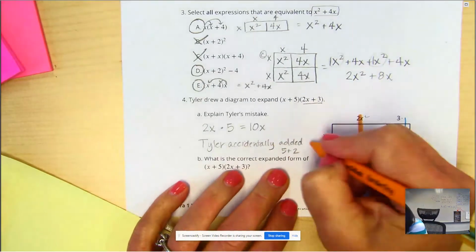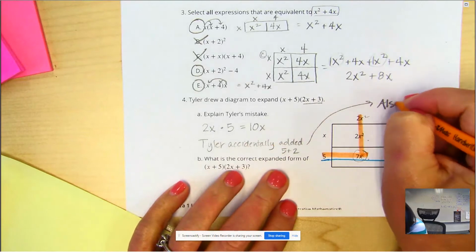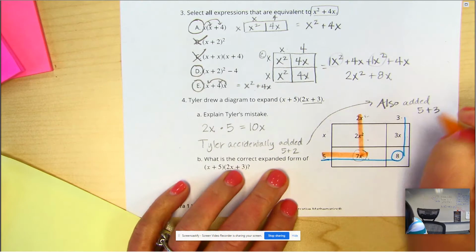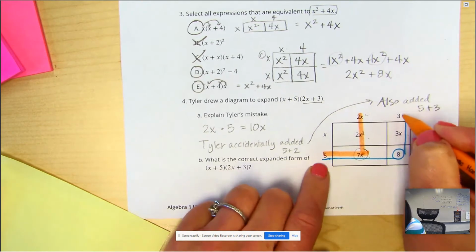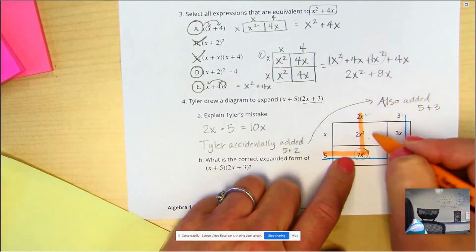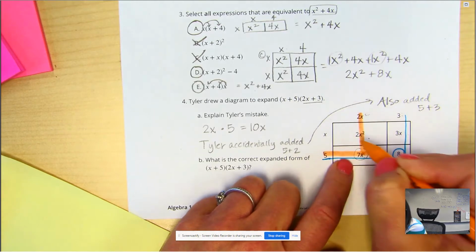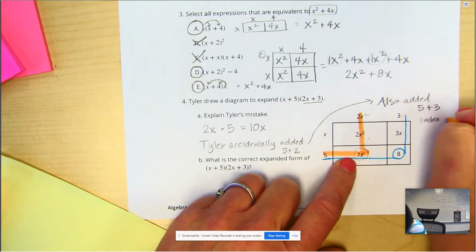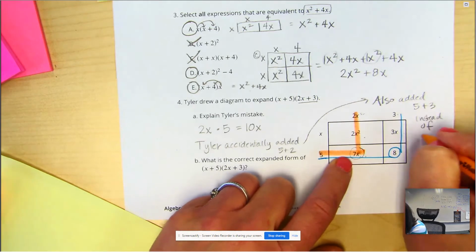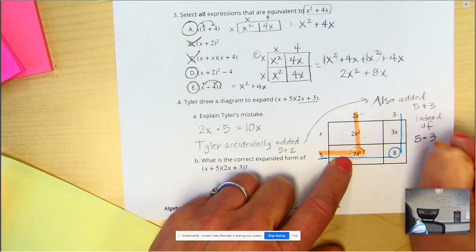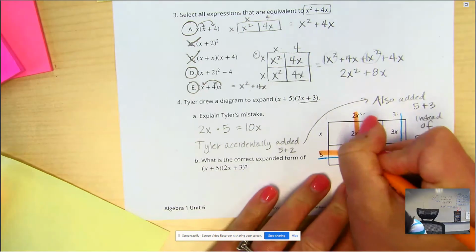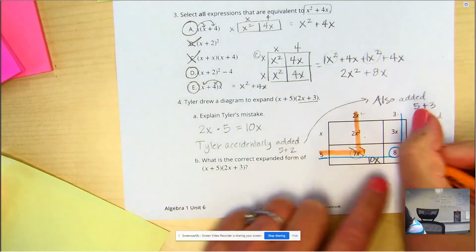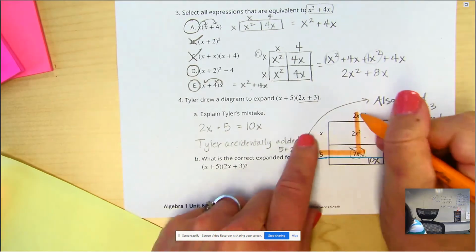So he also added 5 plus 3. So remember, this is the act of multiplying. Think of area. And then when you write the expression, you're putting all of these in one expression, adding them or combining them, instead of 5 times 3. So really, this should be a 10x, and then this should be a 15. He was good to go here.